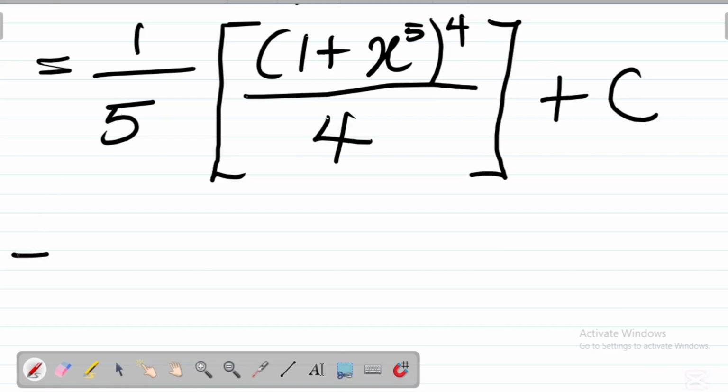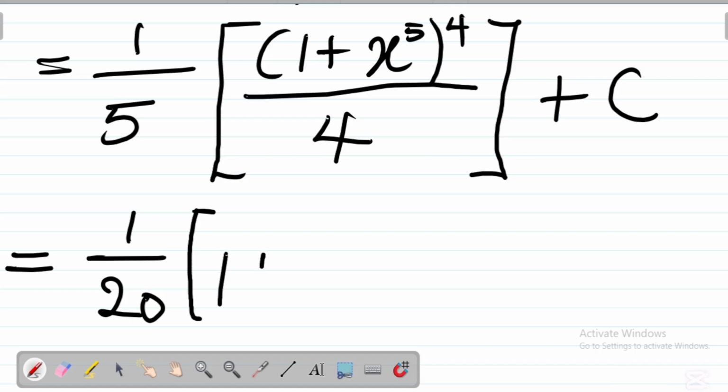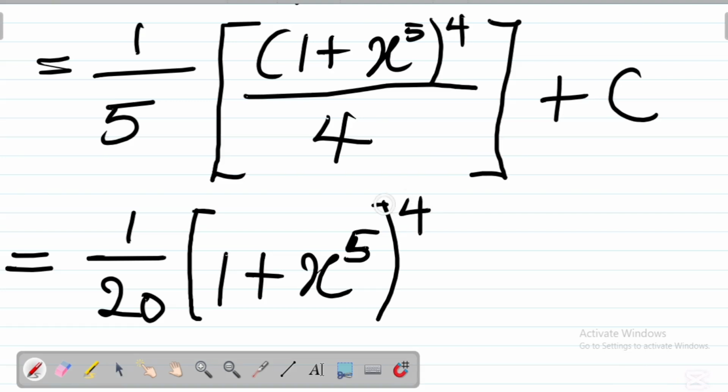If we simplify further, we would have 1 all over 20 because 5 multiplied by 4 is 20. Then open bracket 1 plus x raised to the power 5 all raised to the power 4 and then plus c.